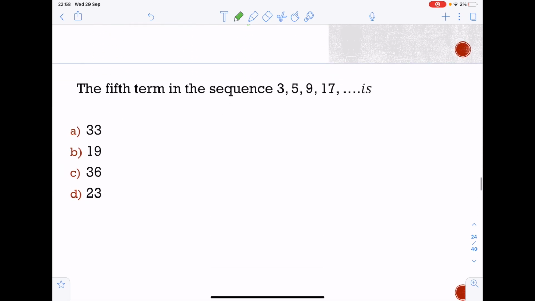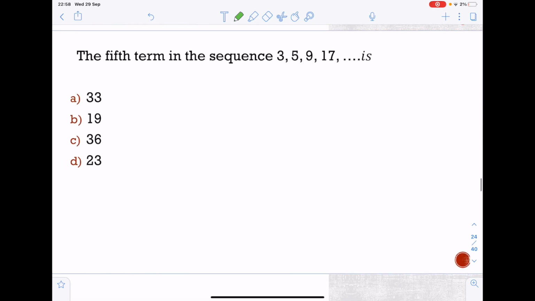Okay. So what is the fifth term in the sequence? Not necessarily is this sequence geometric or arithmetic. So let's see here. 3 becomes 5, and then 5 becomes 9, then 9 becomes 17. So 3 becomes 5 when I add 2, then here I add 4, then here I add, as you can see, 8.